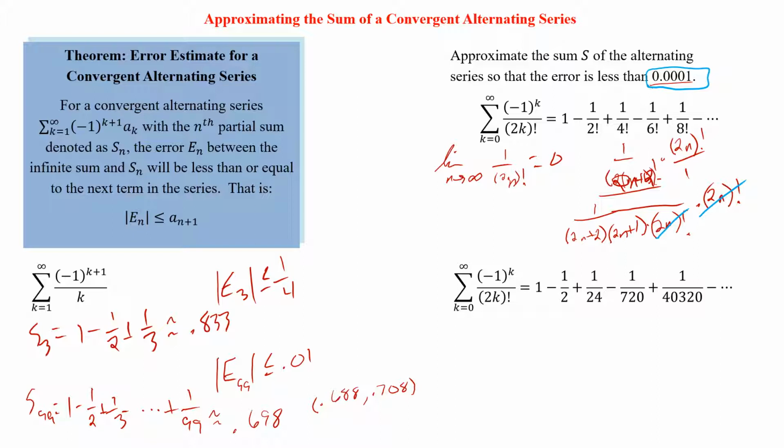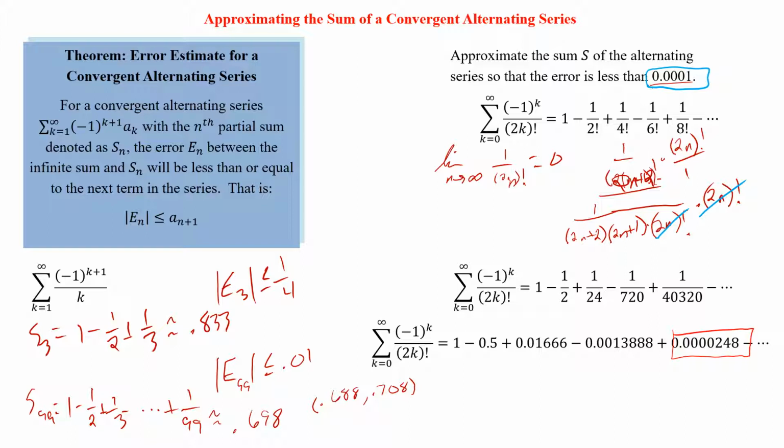We won't, because if we change these into decimals, we get this guy here, the 1 over 8 factorial. That is less than the 0.0001, which means to approximate the sum, we just need to add up these.